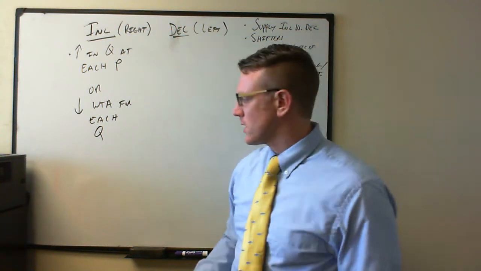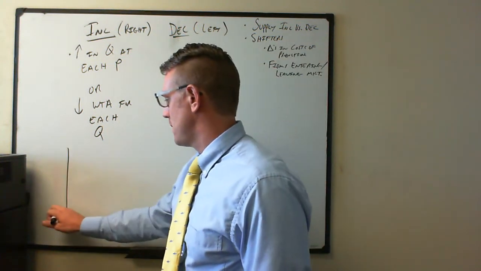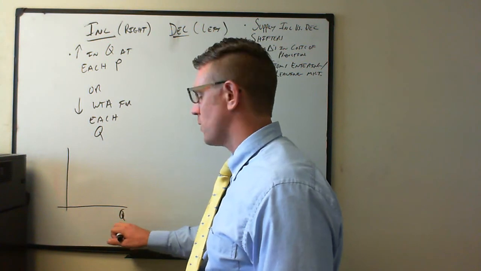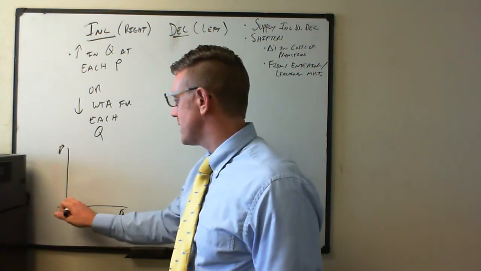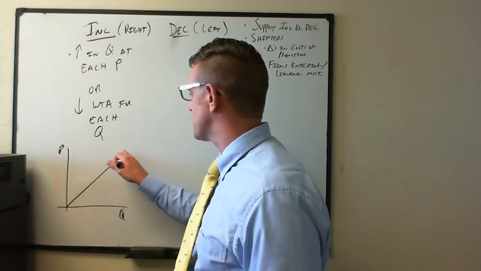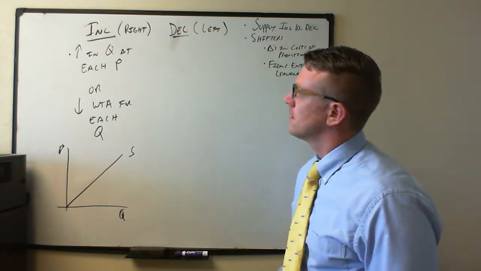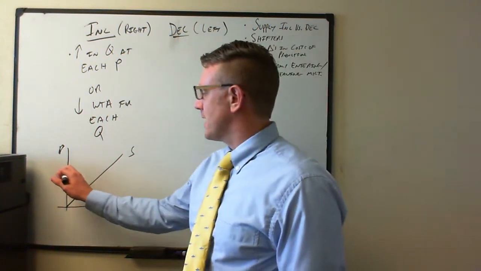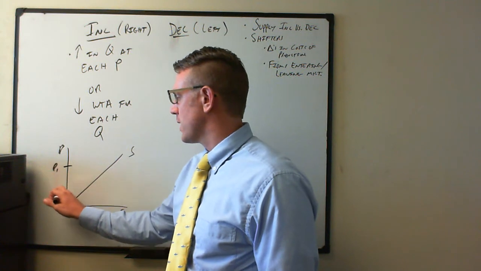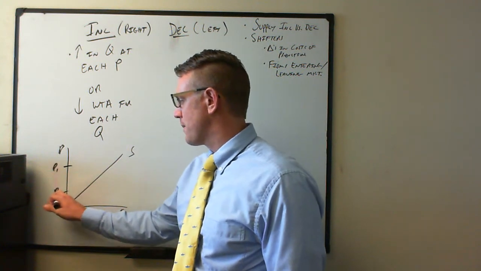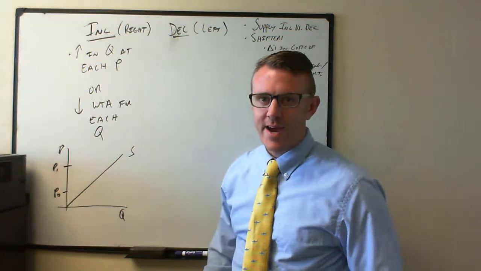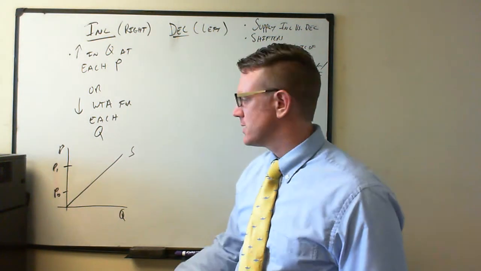Okay, so what does that look like? The quantity on the horizontal axis, price here, draw an upward sloping supply curve. And so what I want you to think about again is a supplier facing two prices that represent all the different prices along that axis, low prices and high prices.